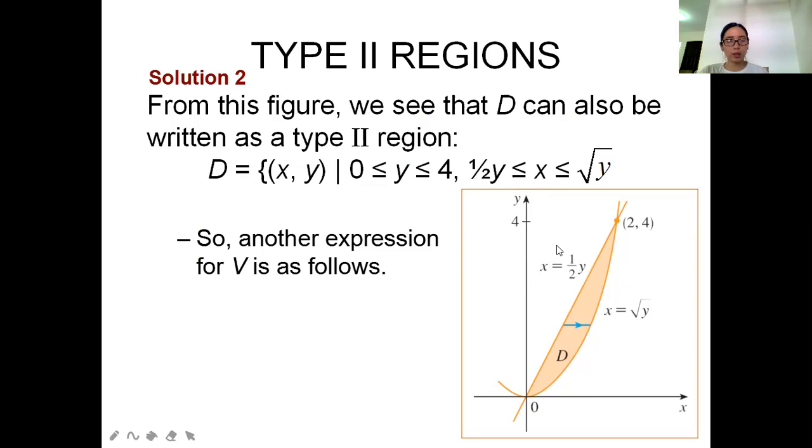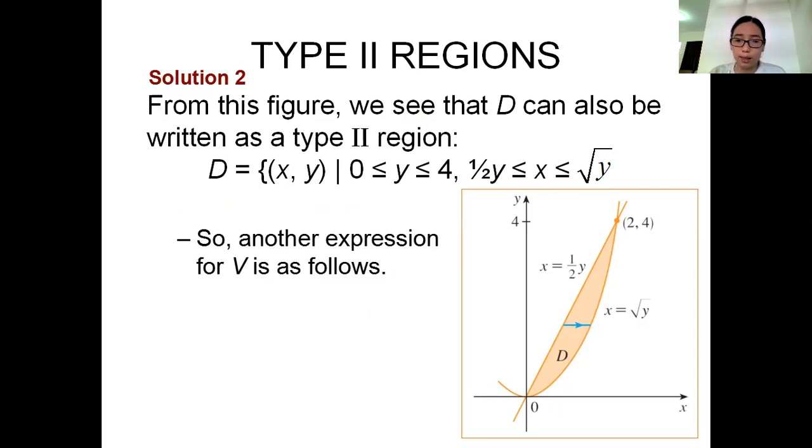When we solve this as a type 2 region, we are going to change our integration limits. For the limits, for y, it will be from 0 to 4, that is 0 less than or equal to y less than or equal to 4, while for x, we use the given from earlier, rewriting it in terms of x.